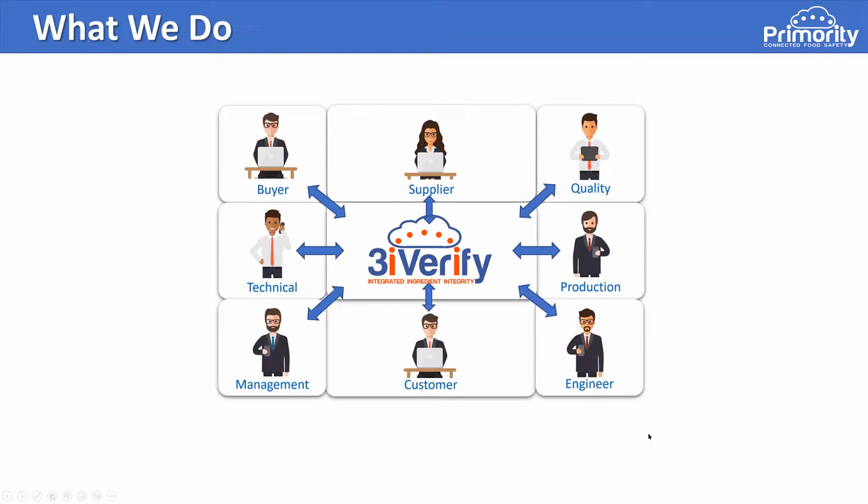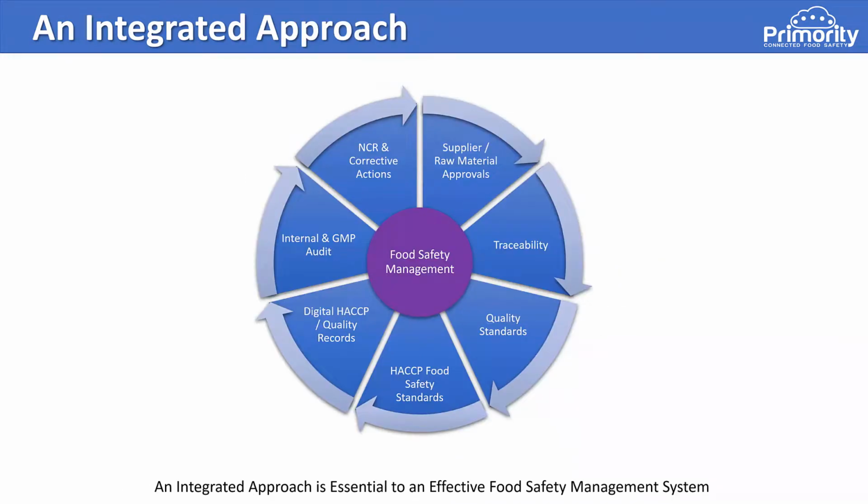So there's still a lot of integration required in the modern food industry today. To achieve this, we take the GFSI benchmark standards like BRCGS, FSSC 22000 or SQF, and distill that down into the core functions that need to take place and understand how the information moves between them. For example, supplier and raw material approvals impacts into traceability, quality standards, HACCP food safety, and so on.